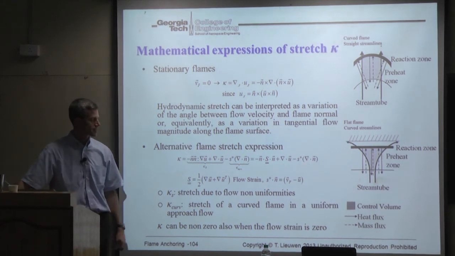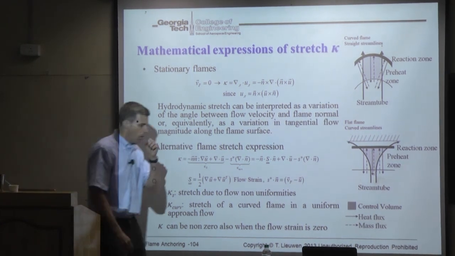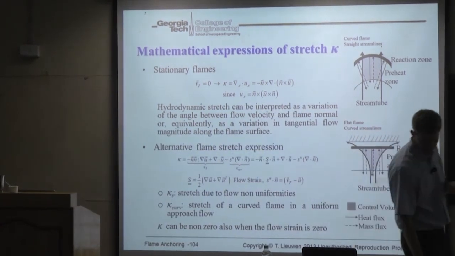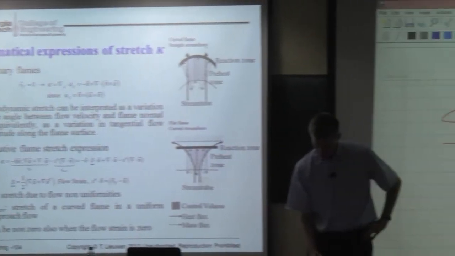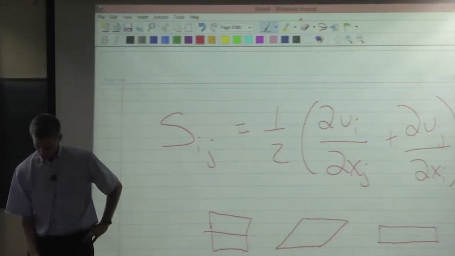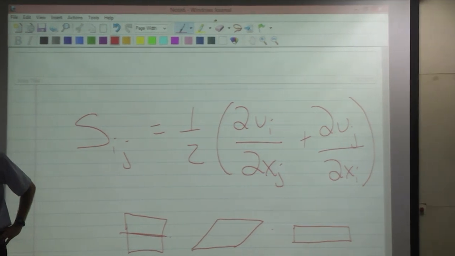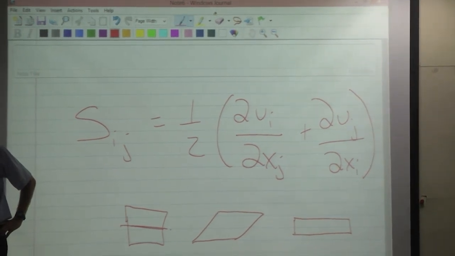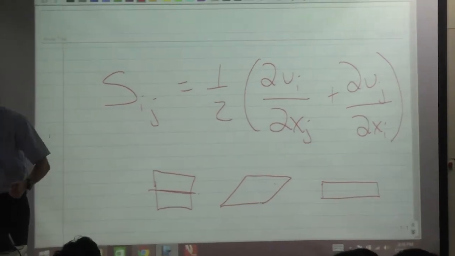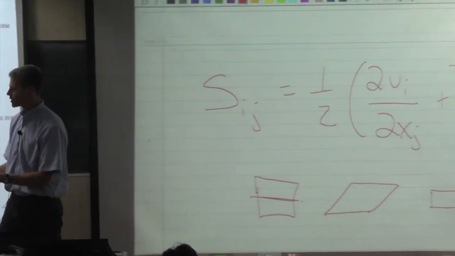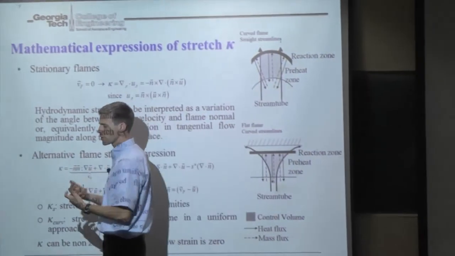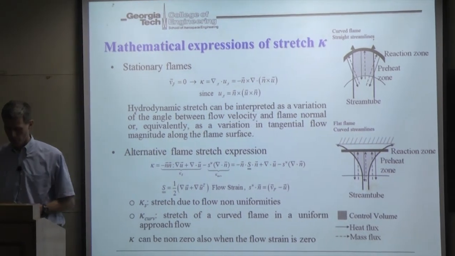The way you would do that is if the flame was oriented in the direction along here, then this shearing action would not increase the length of that element. So one is more of a surface stretching, the other is deformation of a volume.